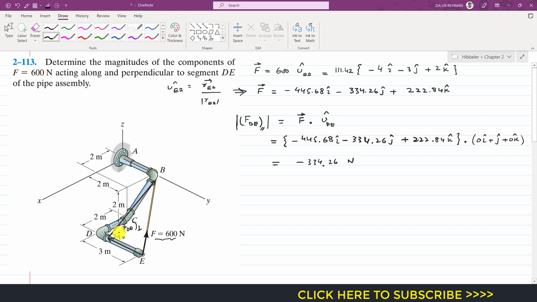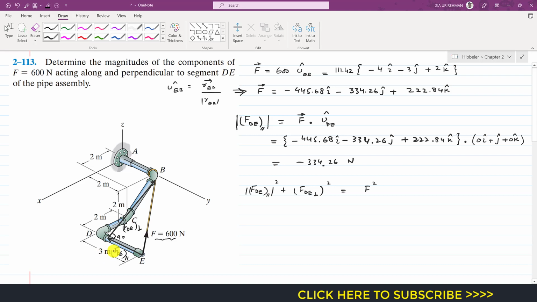Considering this as a right angle triangle, by Pythagoras theorem, FDE parallel magnitude square plus FDE perpendicular square will be equal to the force magnitude square.